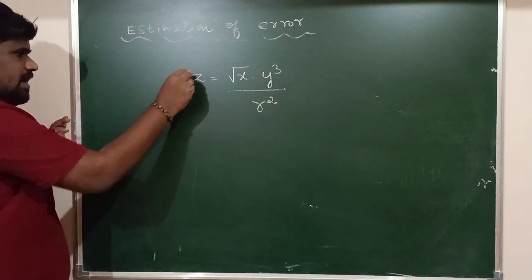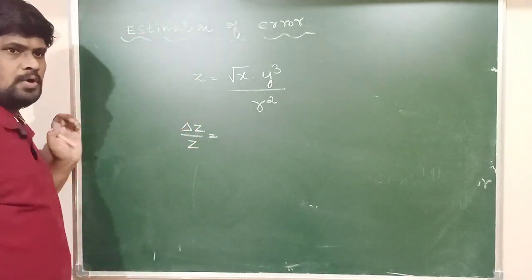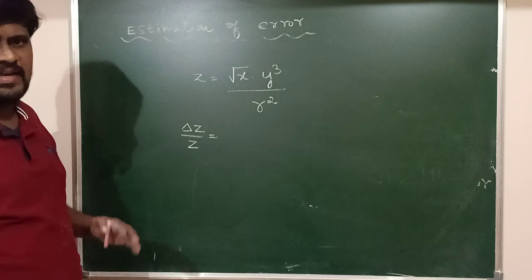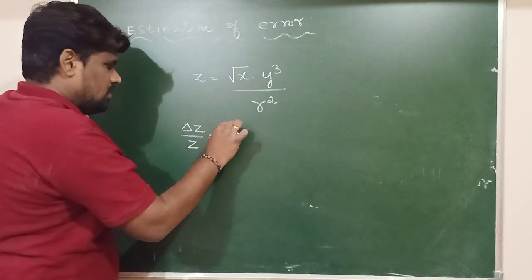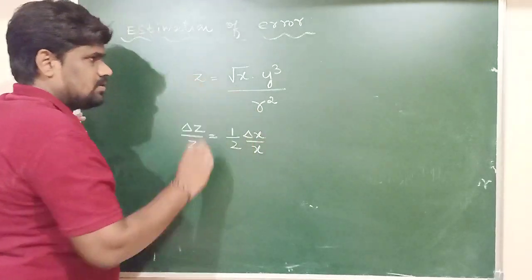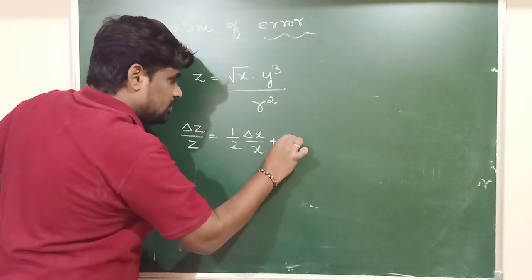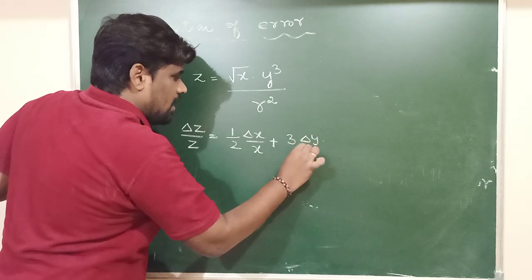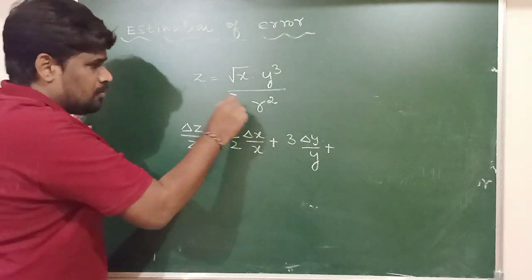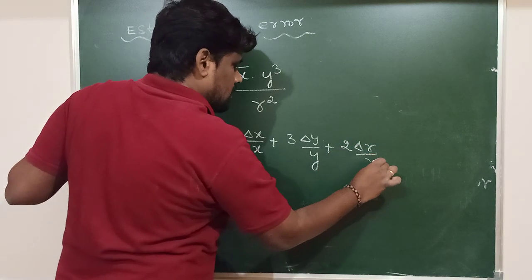So we estimate as per the rule: delta z by z is equal to root x. Root x can be written as x to the power 1 by 2. Therefore, it can be written as half into delta x by x, plus y to the power 3, therefore 3 into delta y by y, plus, no matter whether it is in the numerator or denominator, the next is r to the power 2, therefore 2 times delta r divided by r.